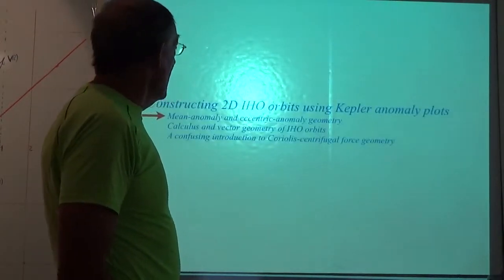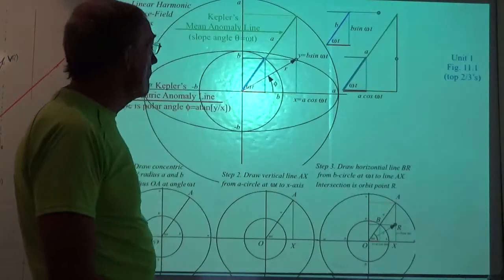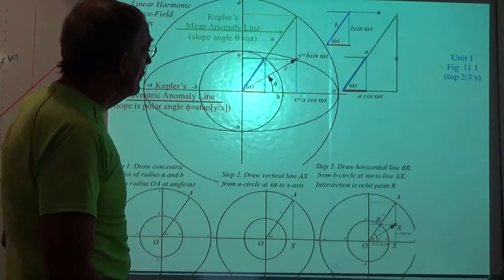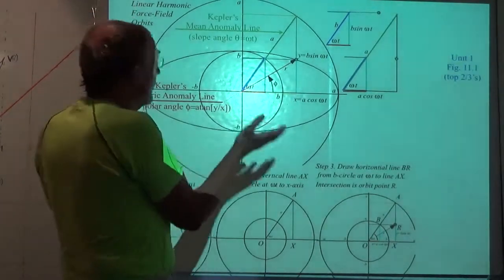Okay, now, here's another construction. This is the construction that you would use if you were sure that the ellipse was horizontal.